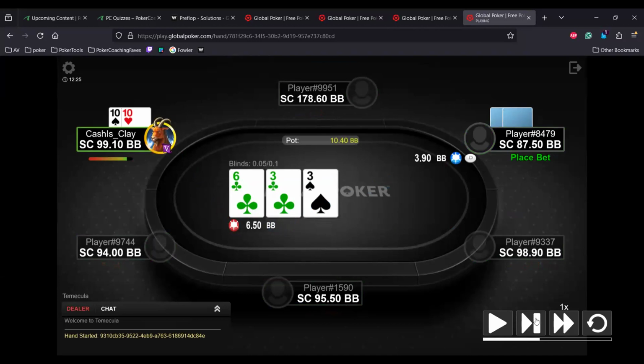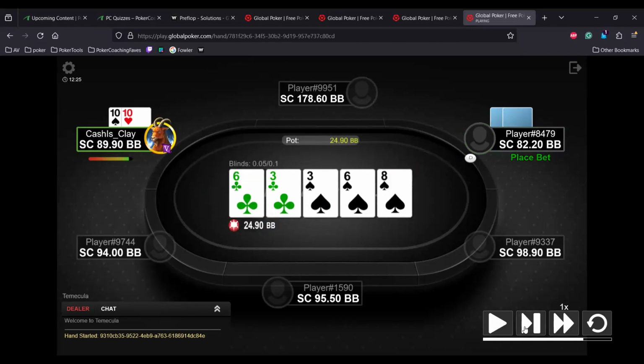So he goes on the attack, if you would. That's pretty much half pot. We call. The 6 is interesting. We check, he bets small, right? So he's down betting now. We call, and then he pots it.